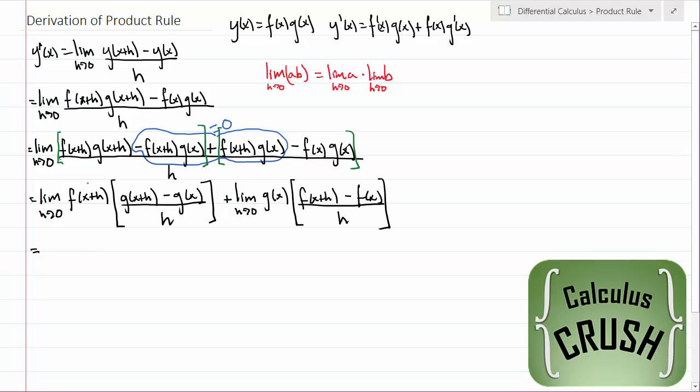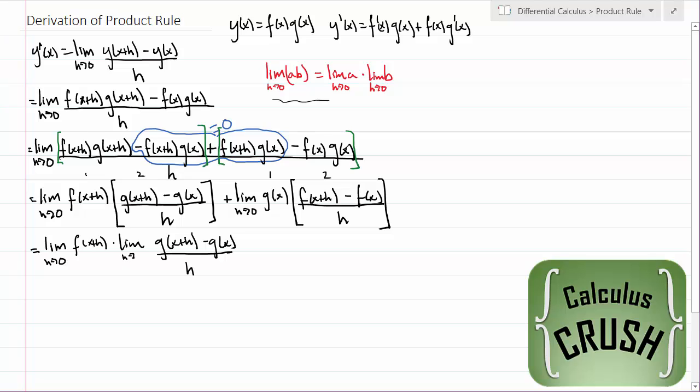So I've got one term and two term, my first term and my second term. And I'm going to put limits in front of each term using this rule up here. So limit of f of x plus h times the limit g of x plus h minus g of x divided by h.